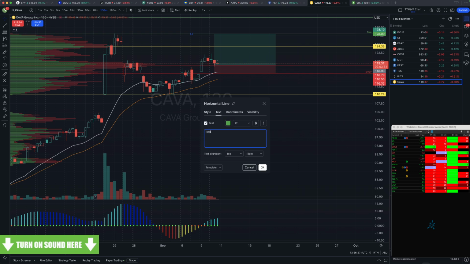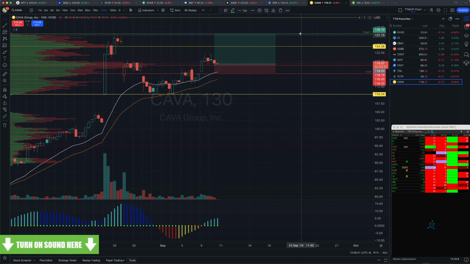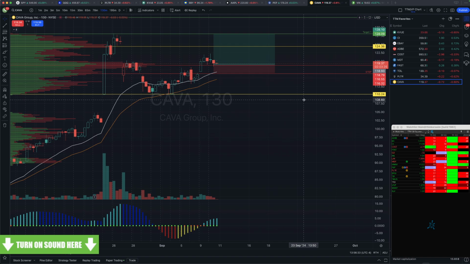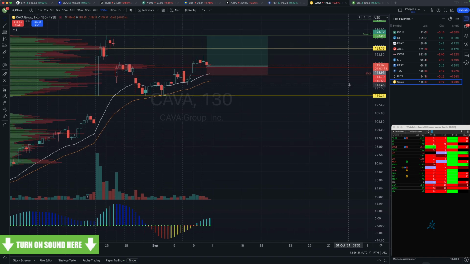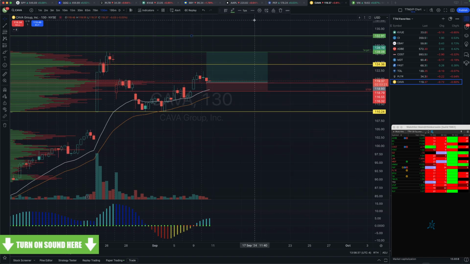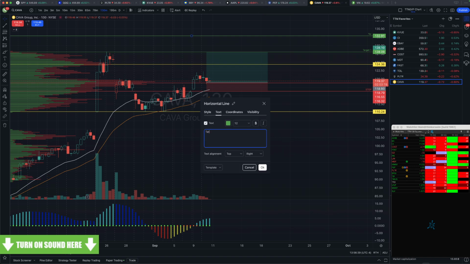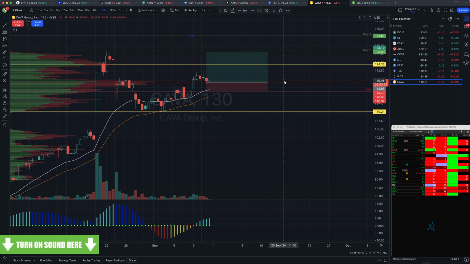So this would be target 1. Okay, so I'm going to do this one a little bit faster because I'm running out of time. This is target 2. Okay, so we have our risk reward set up. We have our stop level set up. It's right at our target level.